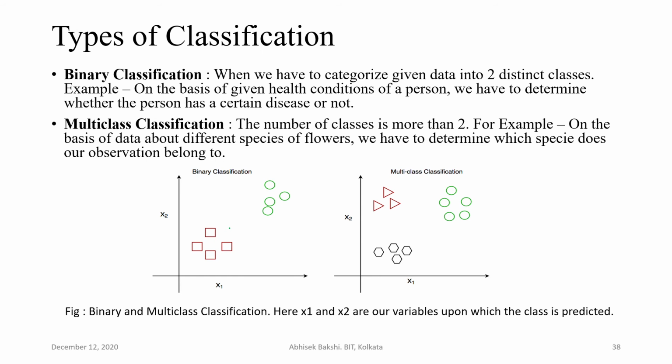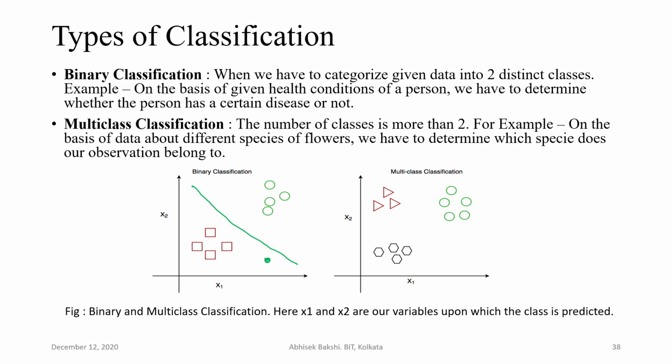So in binary classification, we can see that one boundary is sufficient to distinguish between these two classes. But these points are actually training patterns. Ultimately, another point will come with respect to some x1 and x2, for example somewhere over here.